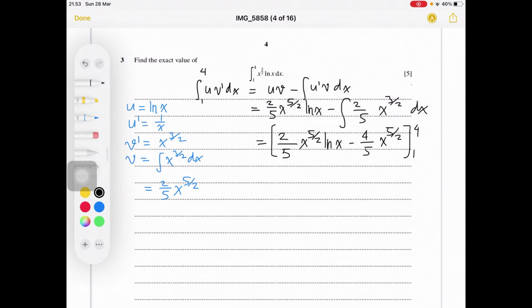The final answer will be 128 over 5 ln 2 minus 124 over 25. This is the exact value.